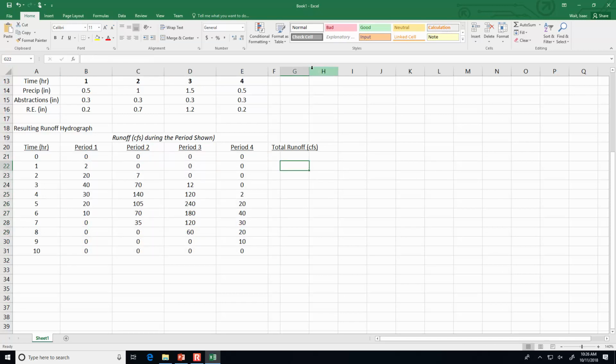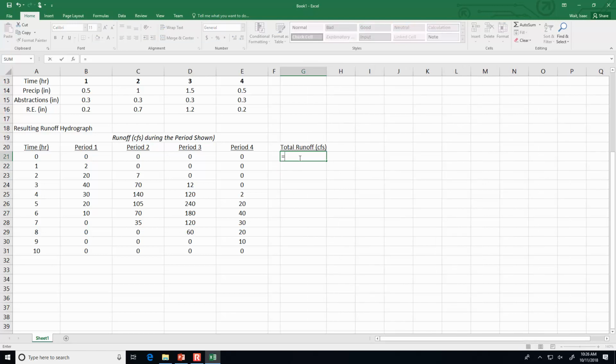All right, so this last one is the total runoff. And so what we have to do is sum everything that is to the right, so all 4 periods. And so you're combining together the 4 different pulses of rainfall and their individual stream responses, and you're finally getting the overall delay.